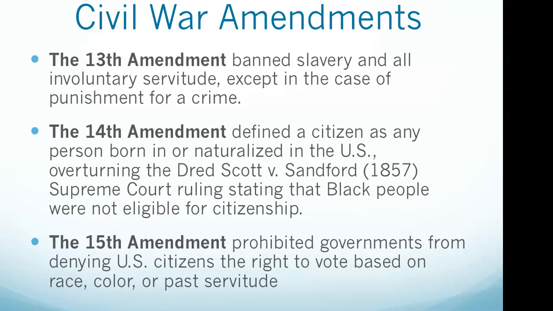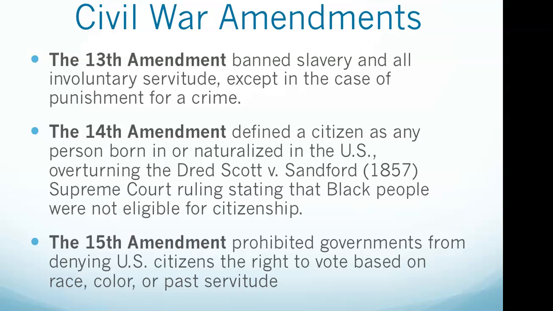Okay, and then we have the Civil War Amendments, which are the 13th, 14th, and 15th Amendments. Collectively they are known as the Civil War Amendments, and they were designed to ensure equality for recently emancipated slaves. The 13th Amendment banned slavery and all involuntary servitude, except in the case of punishment for a crime.